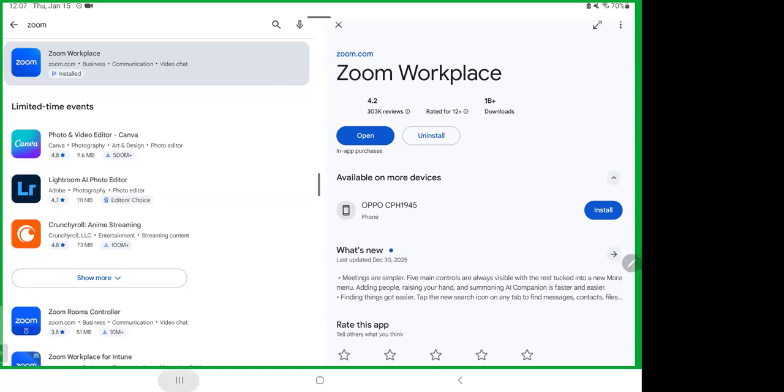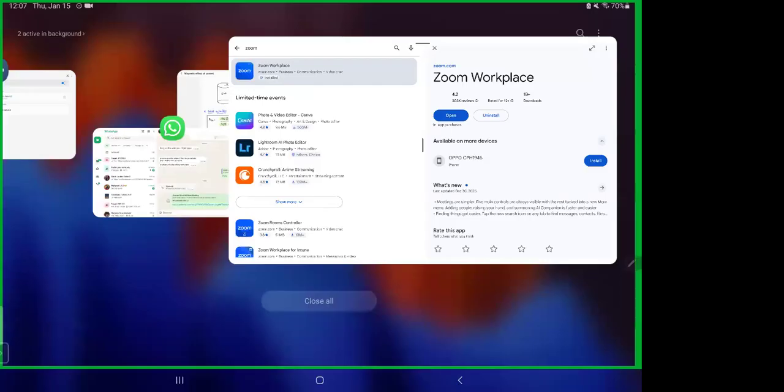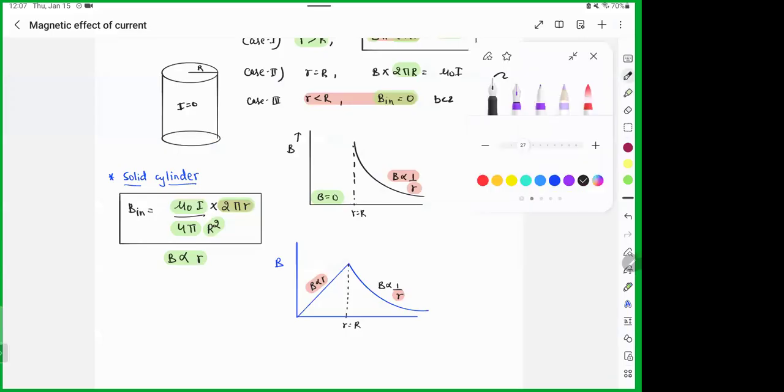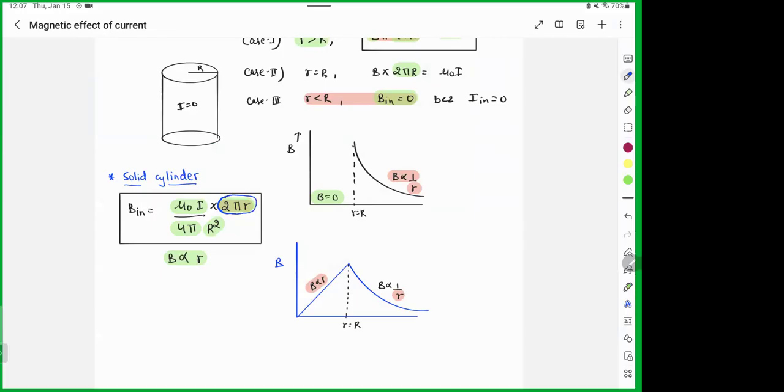Okay. So what are you doing in a solid cylinder? Same, using Biot-Savart law. How? Because in Biot-Savart law, your integral length will be 2 pi r. For example, you take a solid cylinder.